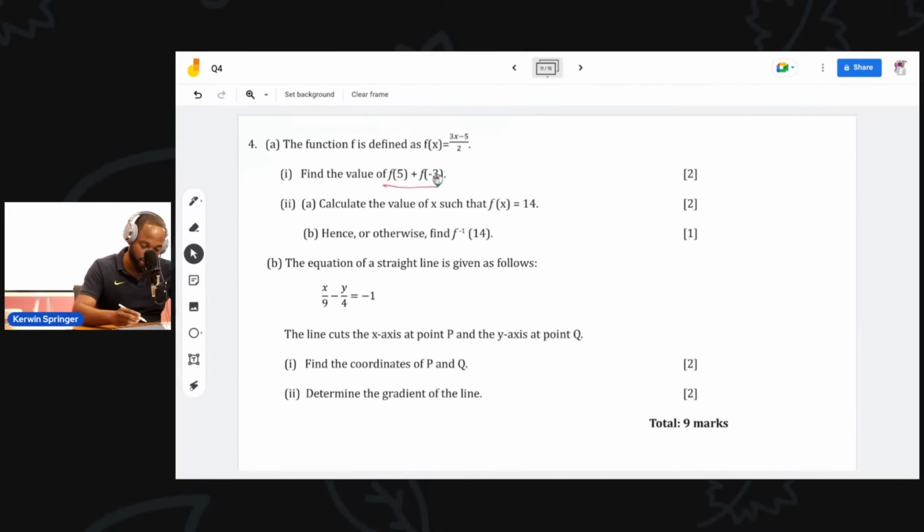It's a substitution. Knowing that f of x is (3x minus 5) over 2, they want us to evaluate f of 5 plus f of negative 3.